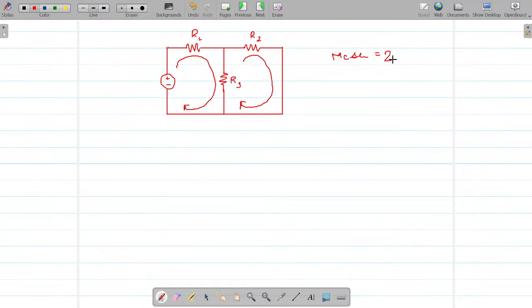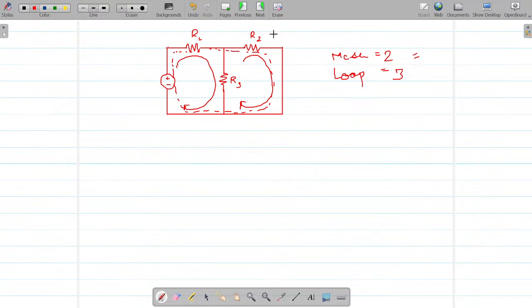Tell me, do you see any other loop in this network? Is this another loop? So the number of loops is 3, and the number of meshes is 2.